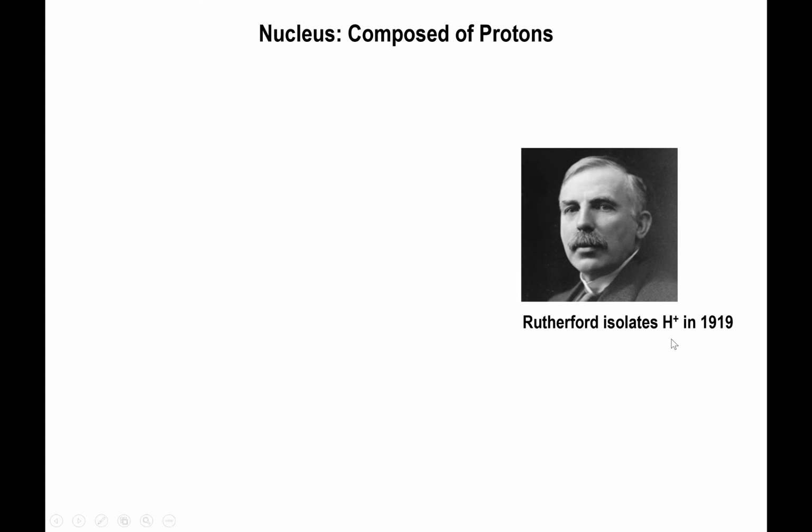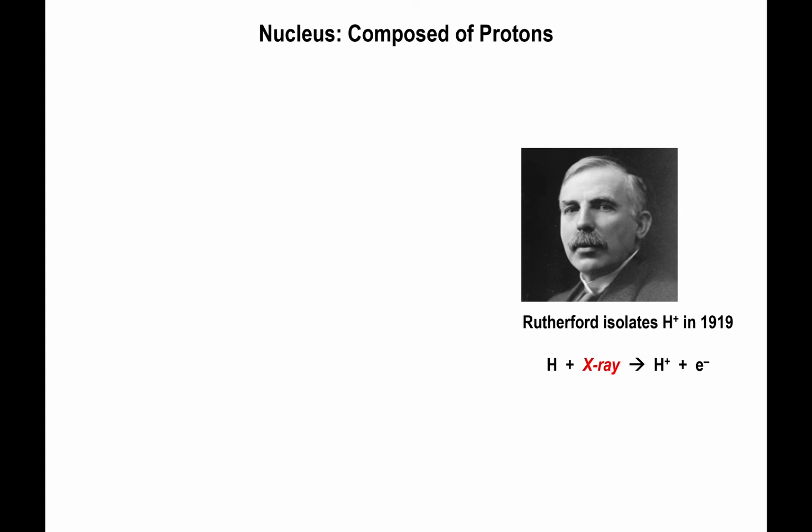So all he needed to do was isolate H pluses, a hydrogen atom from which its electron has been removed. He does this in 1919. He provides enough energy in the form of X-rays to hydrogen, removes the electron, and then uses that as the source of protons.